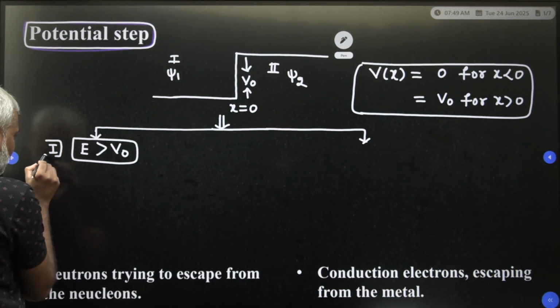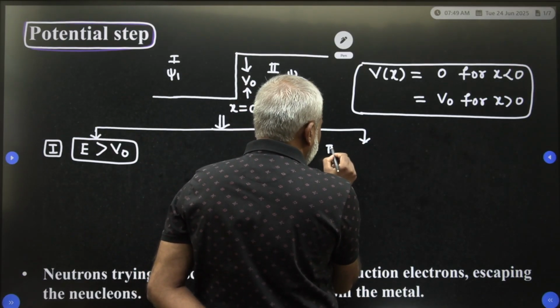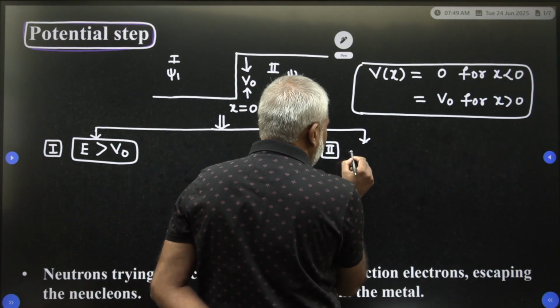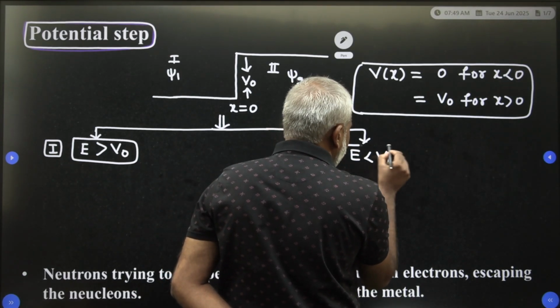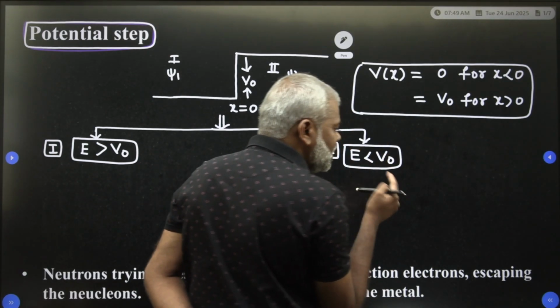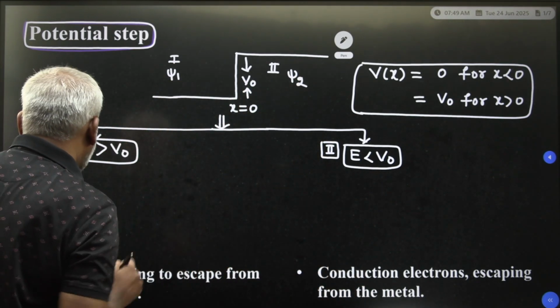E is greater than V naught. Case number 2 is E less than V naught. E is the energy of the particle passing through the barrier.